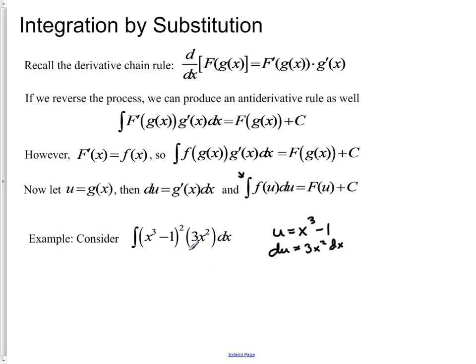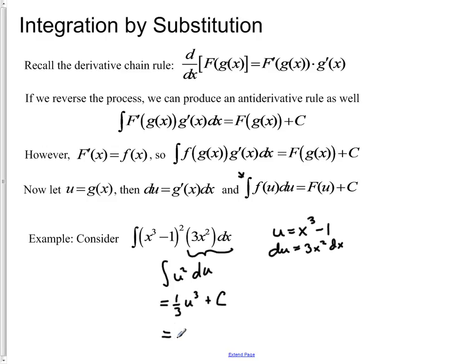And if we make the appropriate replacements, well, we do have 3x squared dx. This is du. And we do have a function of u, which is u squared. So by our antiderivative rules, the power rule tells us this is going to be 1/3 of the function u raised to the third power plus a constant, our constant of integration c.